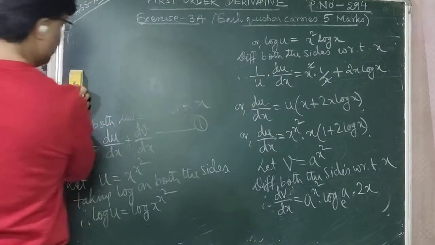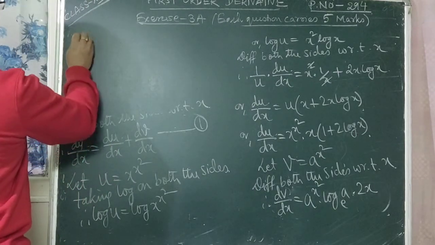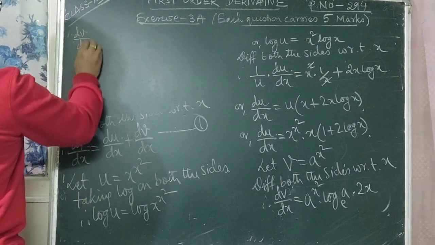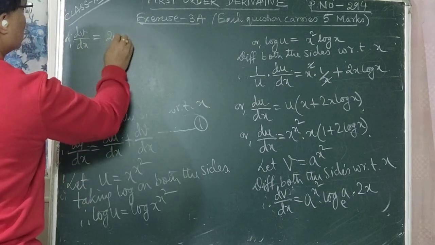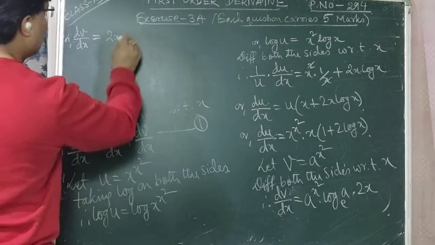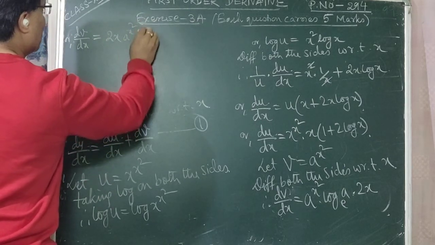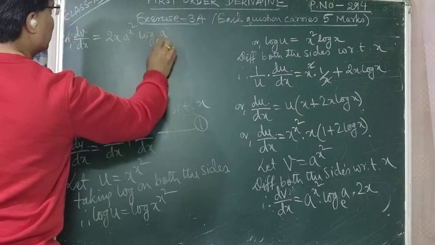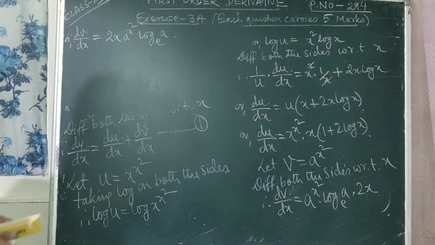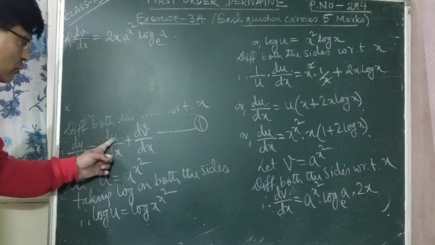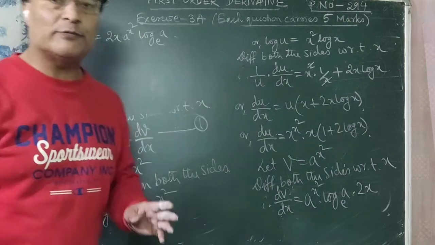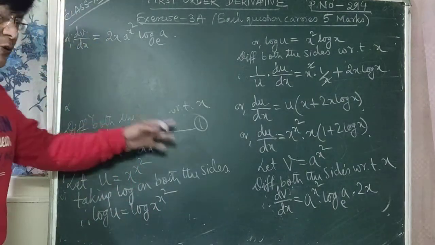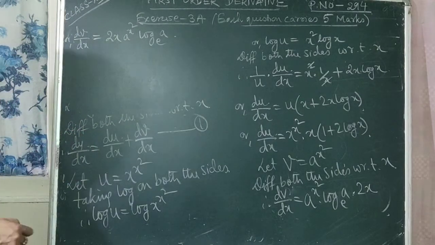Next, or dv by dx is equal to, let us write 2x first. 2x, then a to the power x square into log a base e. So we have found out both the values of du by dx as well as dv by dx. Now put those values of du by dx and dv by dx in equation 1 to get the value for dy by dx.